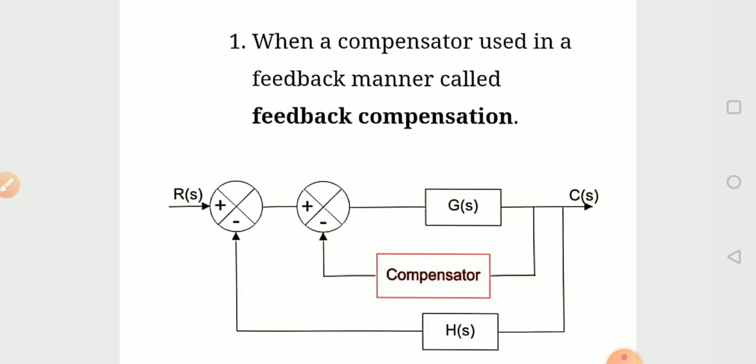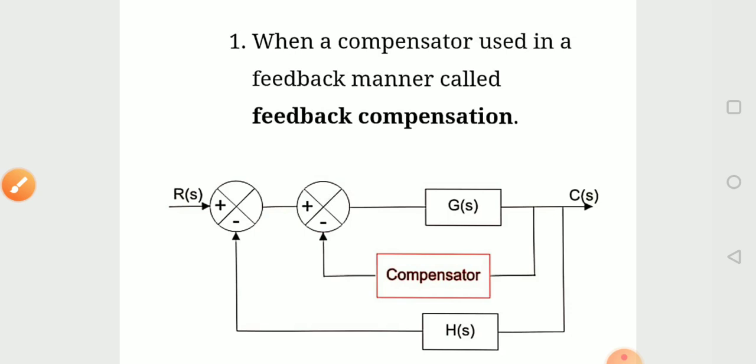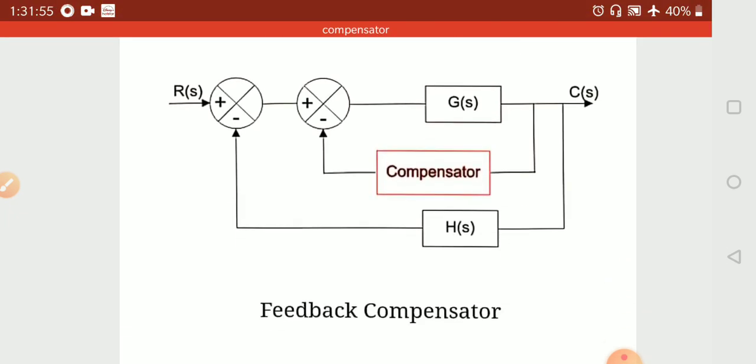Now when the compensator is used in the feedback manner, it is called the feedback compensator. Here you can see the compensator used in the feedback path. We have a compensating network in the feedback path.